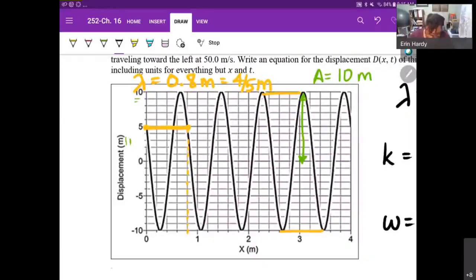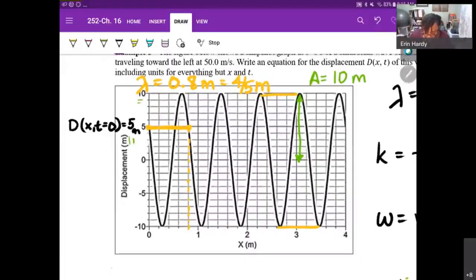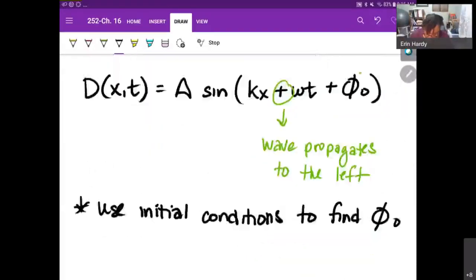So that is displacement equal to 5 meters. So d as a function of x and t, and let me sneak a t equal to 0 in here, is just equal to 5 meters, just reading right off of the y-axis. So let's use that down here.